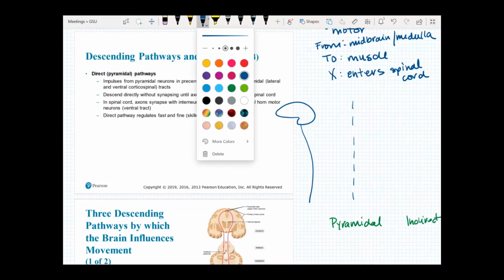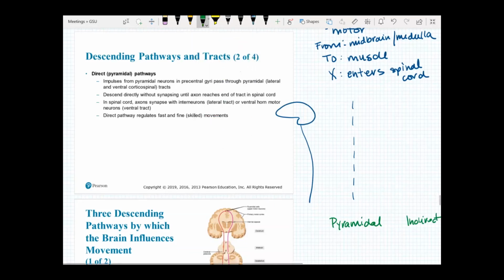Okay, so what's happening with this pyramidal pathway is we are going to have information happening in the cortex. So it'll be all the way up here in the cortex where I'm processing this information, and it will travel down the spinal cord through the medulla, and then at some point it will cross right above the medulla to the other side and then continue down.